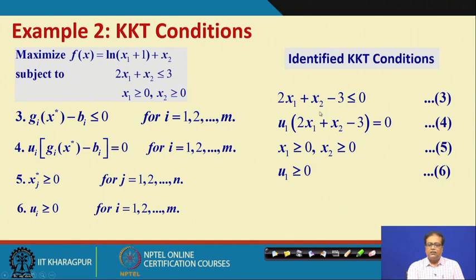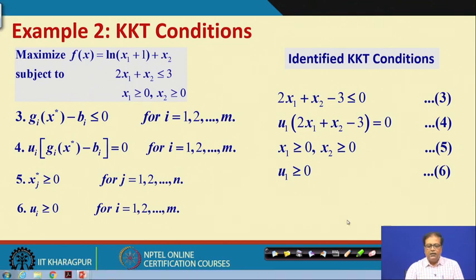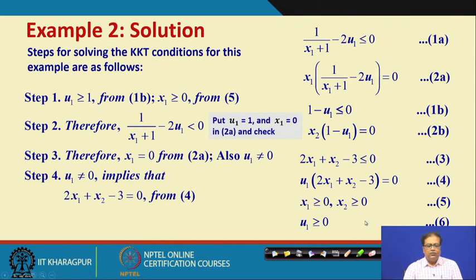That is 2x1 plus x2 minus 3 less than equal to 0, that is the third condition. And what will be the fourth? The fourth is the multiplier multiplied by the constraint should be equal to 0, and then the fifth and sixth conditions will be that all these terms should be non-negative. So, non-negativity constraints, right. So, we have obtained all the 6 KKT conditions.